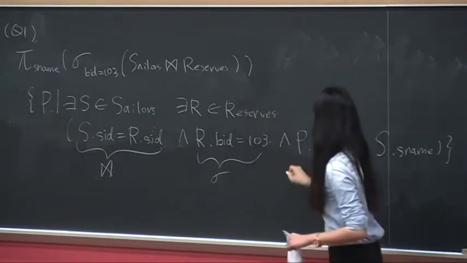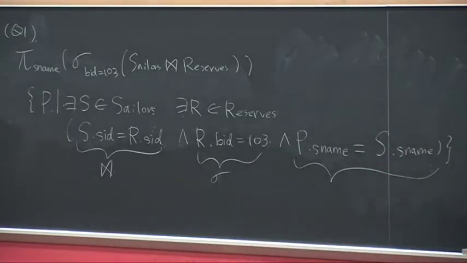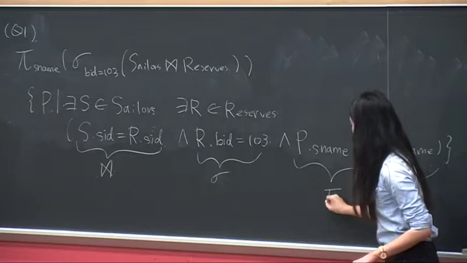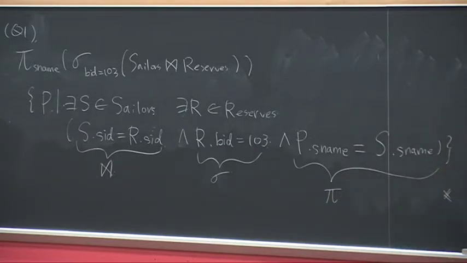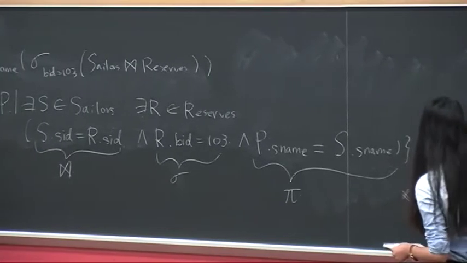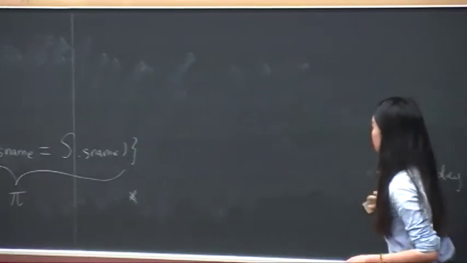Selection. And the final one? Projection. Awesome. So that's for query 1. If we go back to the query 1 we have worked on before, this is how we would write it in terms of relational calculus instead of relational algebra. Any questions?